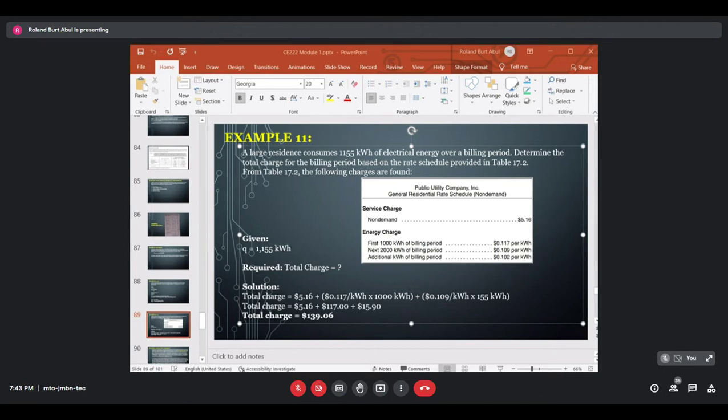Plus, naa na sa sunod nga part nga next 2,000 kilowatt hours of billing period. Kuhaon nato ang next 2,000, but pila ba ang nabilin sa atong energy consumption after nato gikuhaan og 1,000? Again, pilay nabilin sa atong energy consumption after gikuhaan nato siya og 1,000?